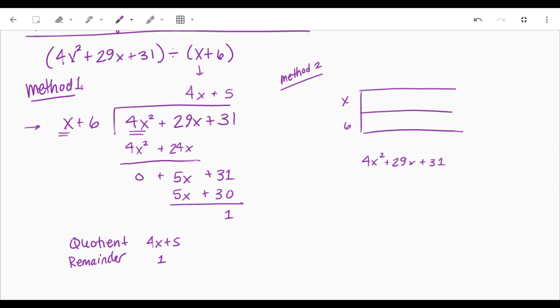If you remember, you put the 4x squared in right away. And then from there, everything kind of filled in. In order for us to get a 4x squared there, 4x would have to go here, which means 24x is here.